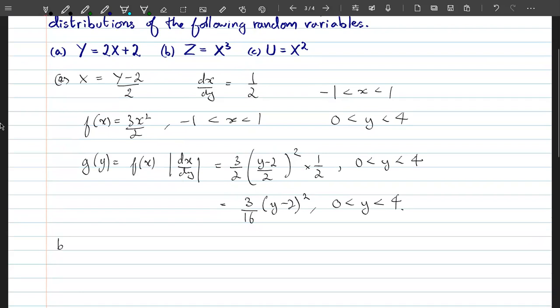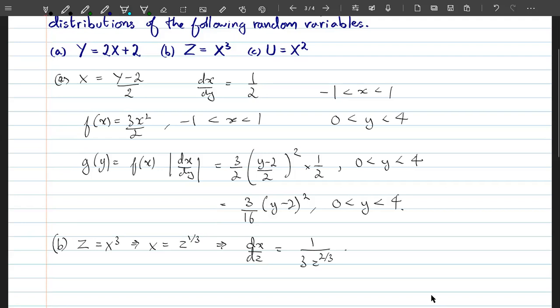And the second example, z equal to x cube. So x is equal to cube root of z, or I'll write that as z to the power 1 by 3. And so when you differentiate x with respect to z, you'll get 1 by 3 z to the power of minus 2 by 3, that is 1 by 3 with z to the power 2 by 3 in the denominator.